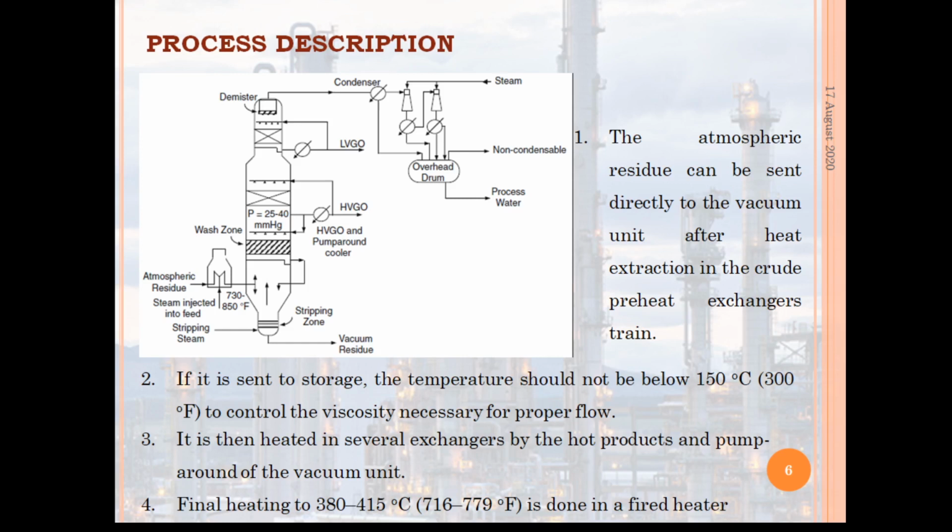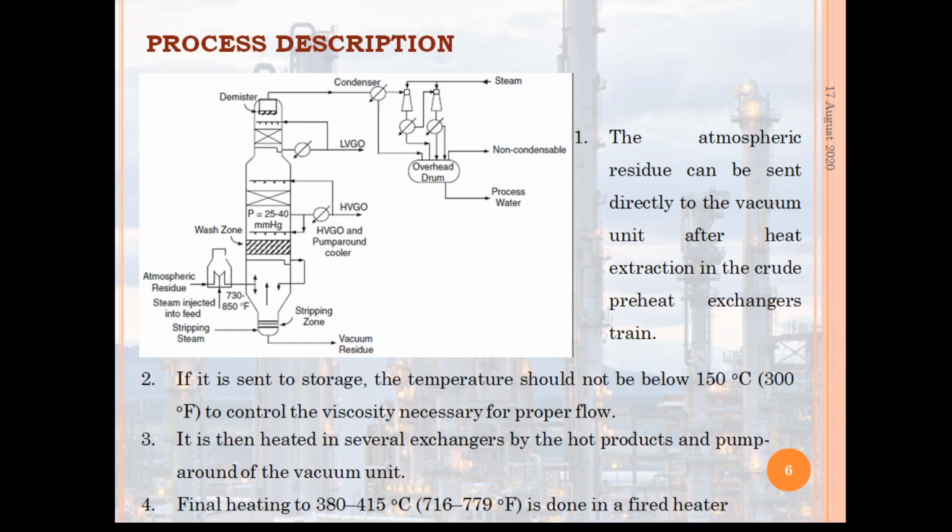At the top of the vacuum tower we have demister pads, which eliminate mist formation, and then it is sent to the condenser and then to the overhead drum. From the overhead drum, from the bottom we get the process water, and from the top we get the non-condensable hydrocarbons. Inside this vacuum distillation unit, we need to maintain the pressure between 25 to 40 mmHg.